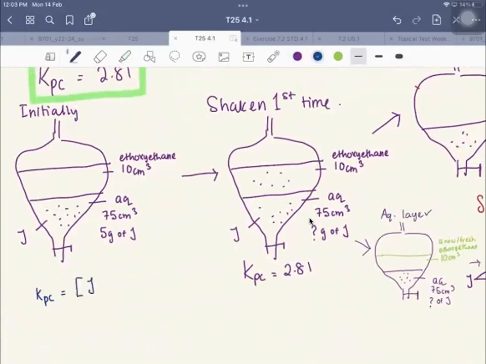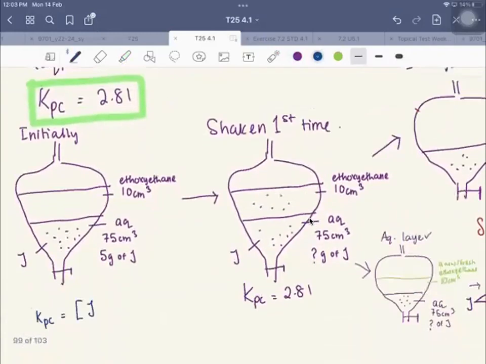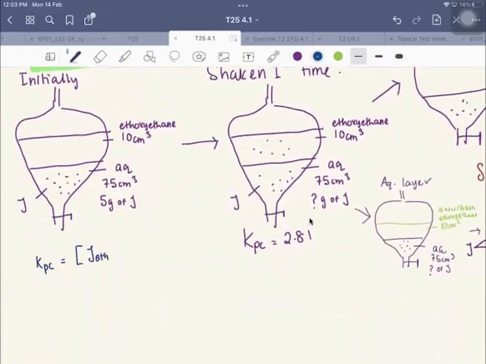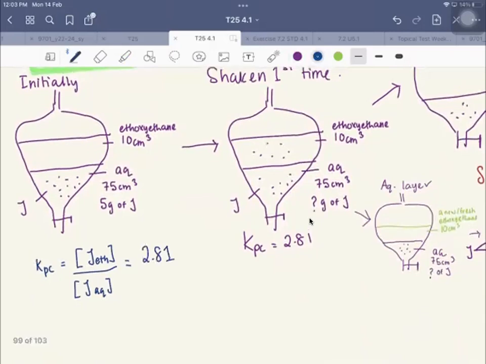That means you can use the expression KPC, concentration of J in ethoxyethane over the concentration of J in aqueous, equals 2.81. So we are going to work out the first washing, or first shaking, first.